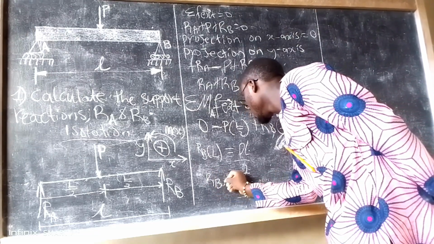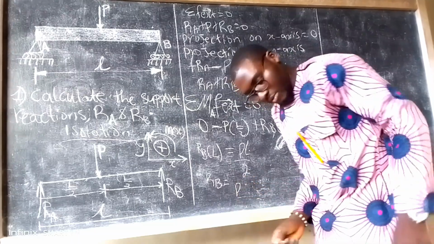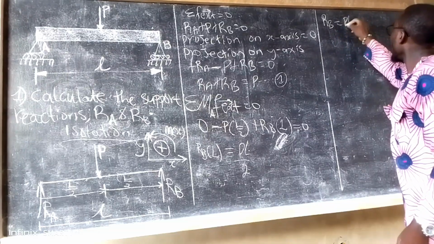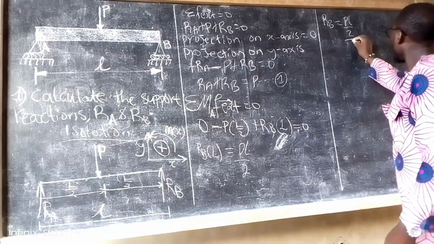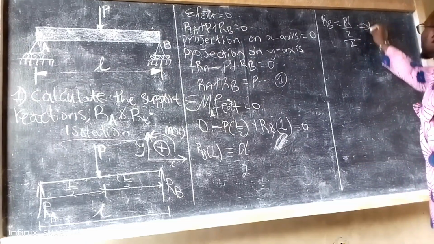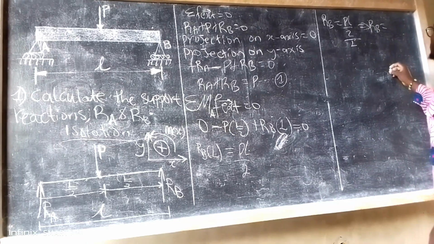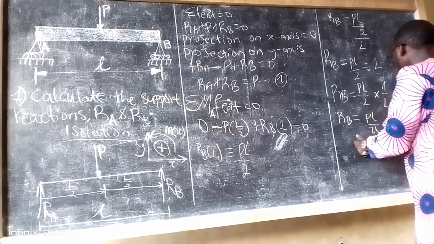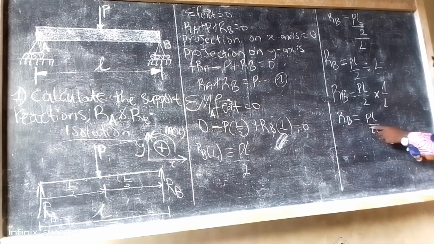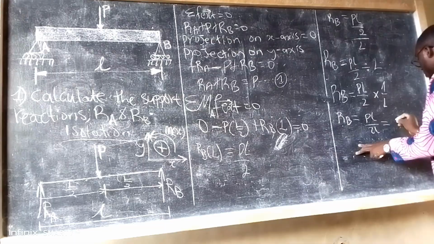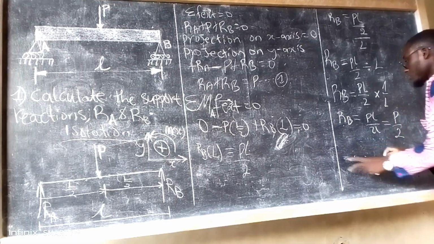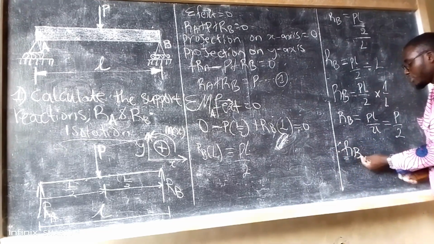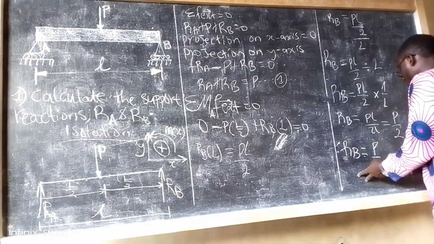So RB is equal to PL on 2 divided by L. This implies that RB is equal to PL on 2L, which is equal to P on 2.